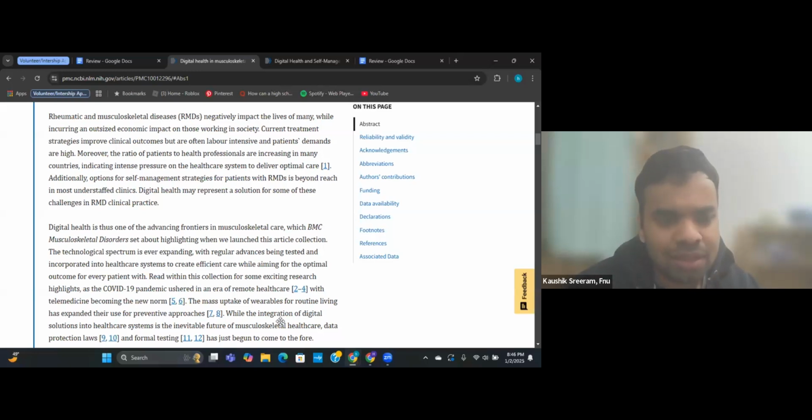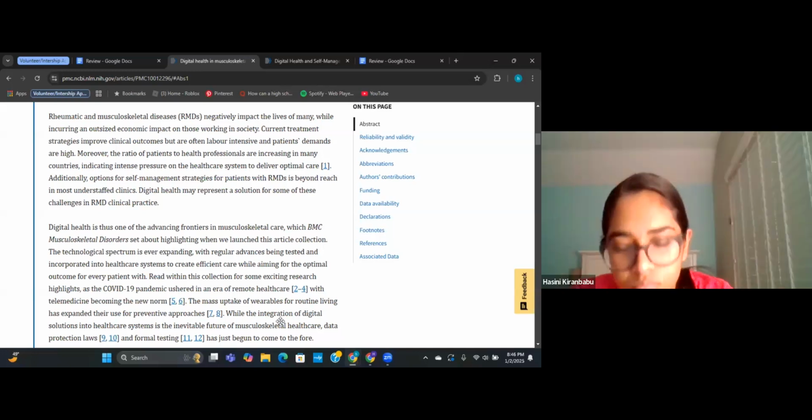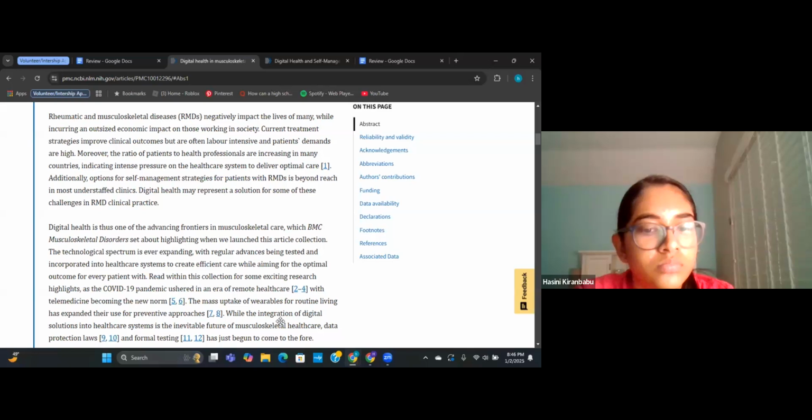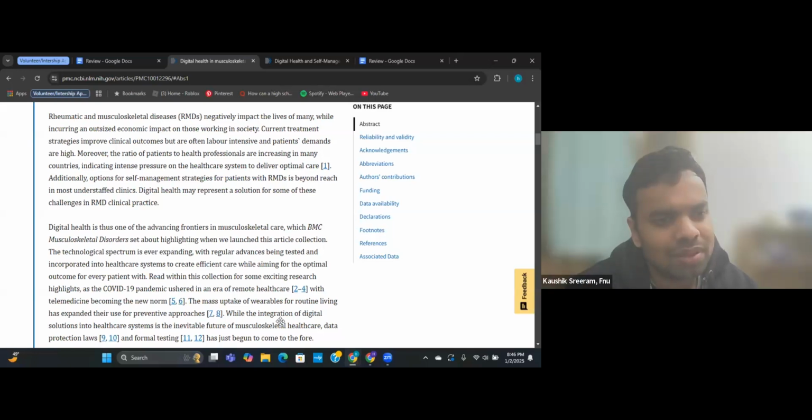Think about it this way. This is a rare disease. The number of specialists in myositis is small, right? So that is something you can use: a small number of specialists, and so on. Demands are high, the ratio is high in many countries. Optimal delivery is beyond reach in most understaffed clinics.